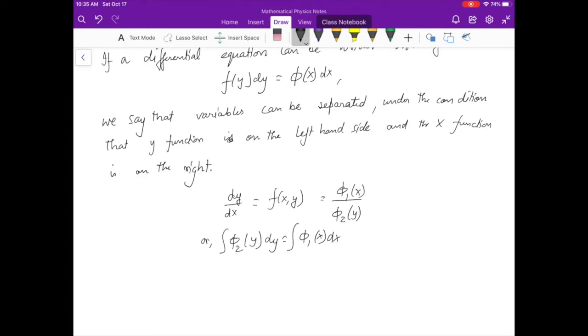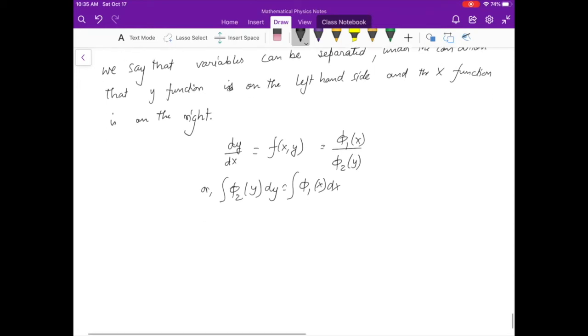In general, if you don't have any other condition for x and y, this is an indefinite form, and it will have a constant plus c attached to it.